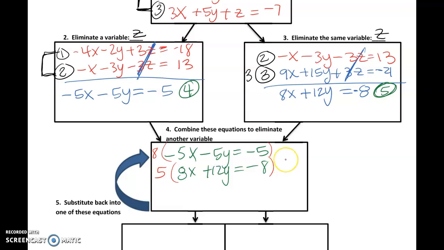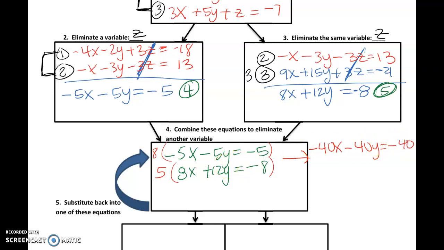So I'm going to, had I written just a little bit smaller, I probably could have fit it in right here. But since I didn't, I'm just going to use the space off to the side here. So I get negative 40x minus 40y equals negative 40.